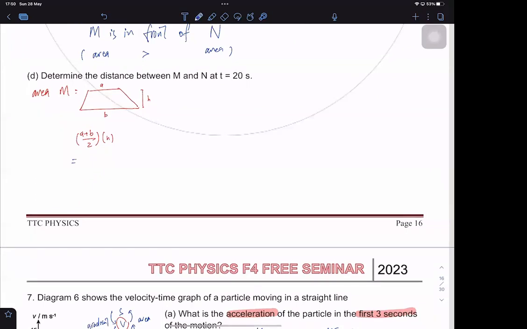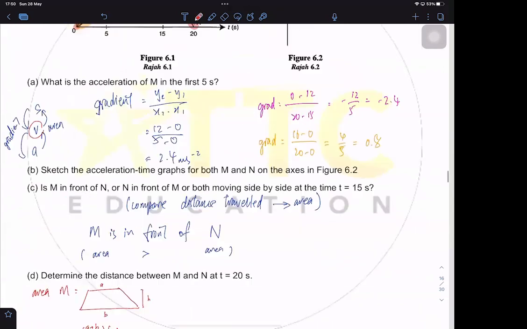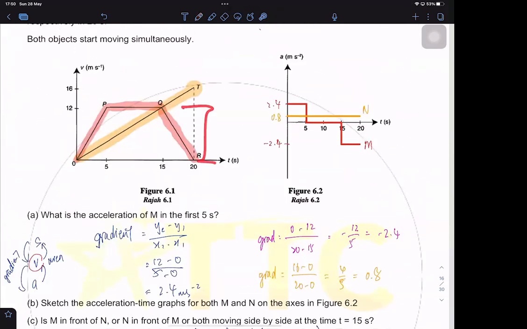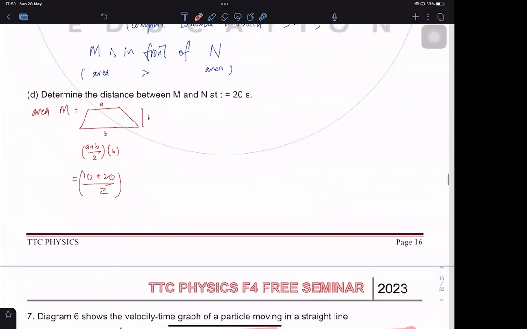So 10 plus 20, divided by 2, multiplied by the height between them, 12. 10 plus 20 is 30. 30 divided by 2 is 15. 15 times 12 is 180. It has traveled 180 meters.